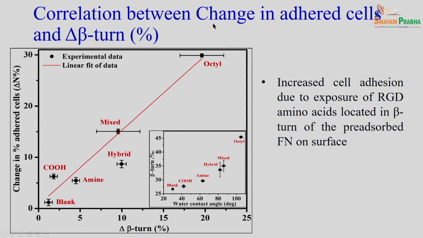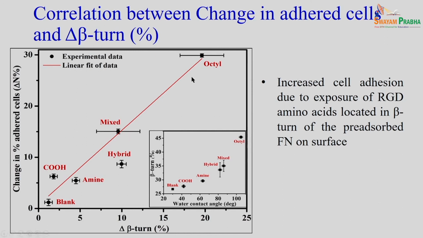So, here we are trying to correlate the change in the adhered cells and the delta beta turn. Delta beta turn means the change in the beta turn after the adsorption. Here we are plotting the change in the percentage adhered, delta n, versus delta beta turn, and we observe a very linear fit.